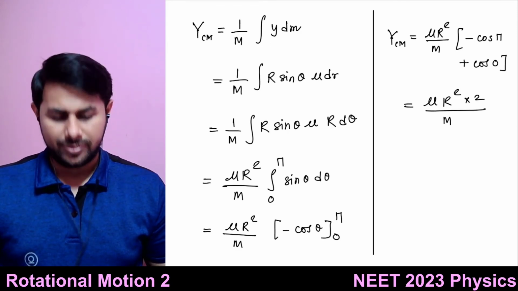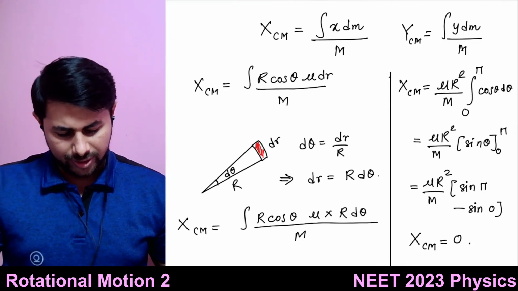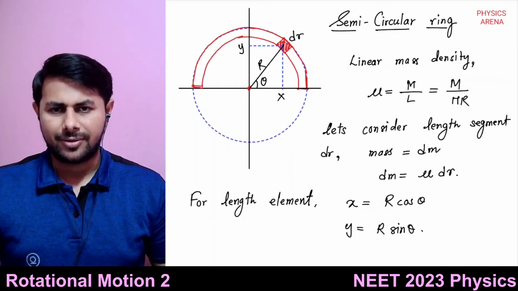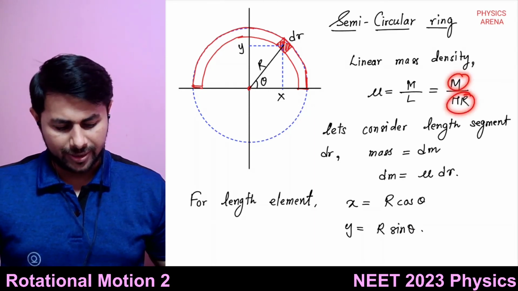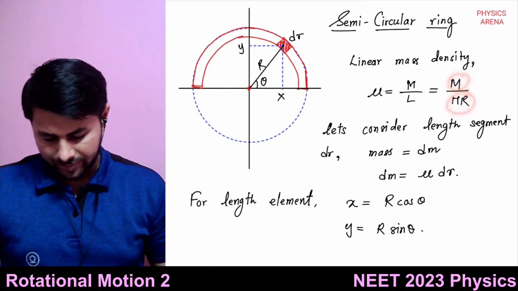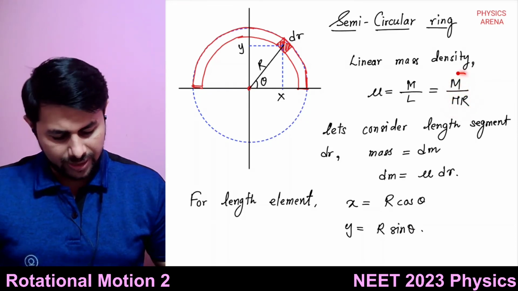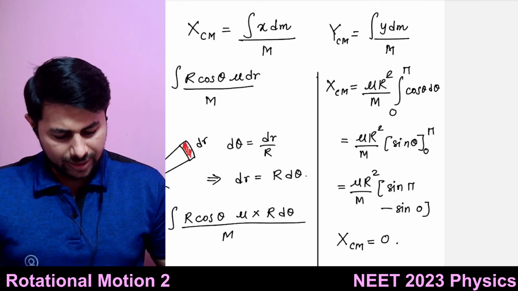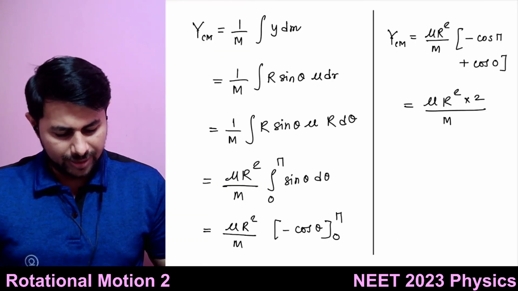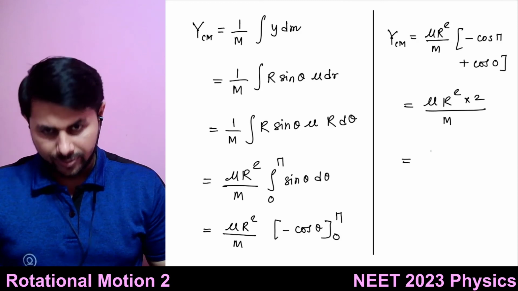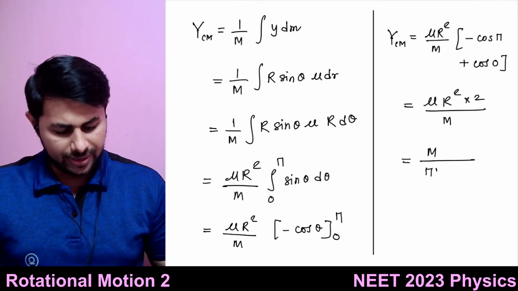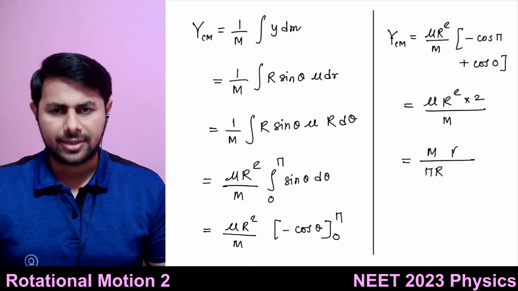Now substitute mu, which is m divided by pi r. You have r square upon m multiplied by 2. M cancels out, and r square cancels out with r.